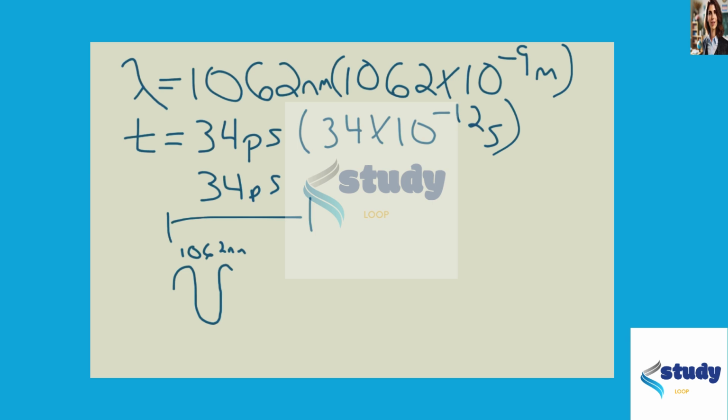Okay, so the equation we're going to use is the wave speed equation, which is speed is wavelength times frequency. Since this is an electromagnetic wave, we're going to be using the speed of light. And since we do not know the frequency, we're going to rearrange it to solve for the frequency.